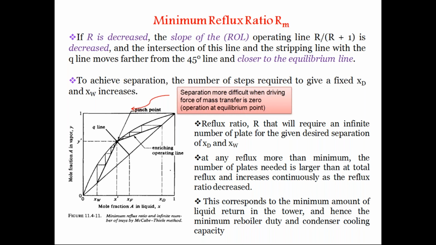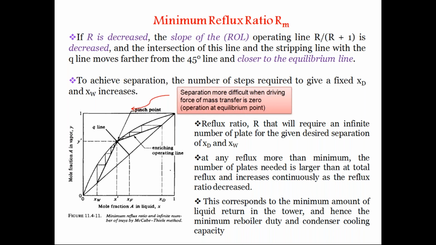You have the enrichment section operating line, and R is the reflux ratio. When R is decreased, the slope of the operating line, that is the enrichment section operating line, which is equal to R by R plus 1, will decrease.